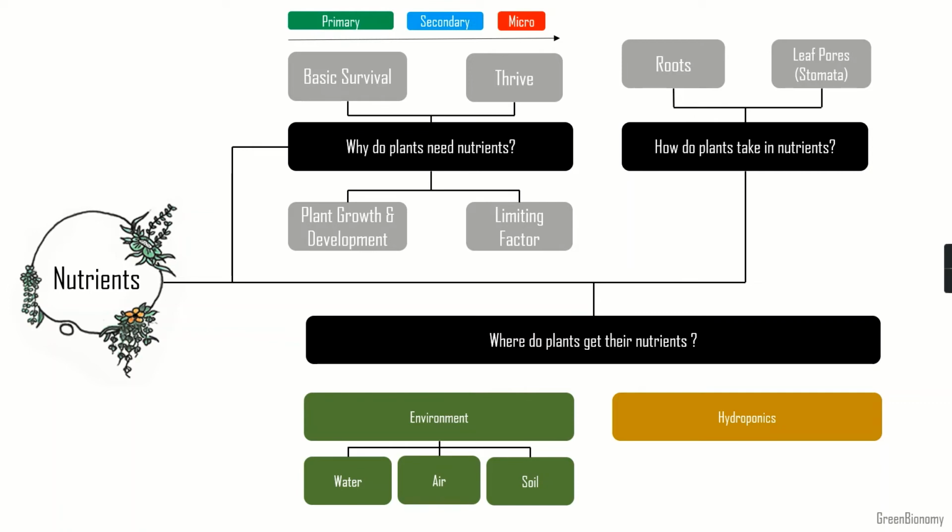Now, in hydroponics, you don't have soil. That means that you do not have all the nutrients that are provided by the soil. These are the mineral nutrients. So where do you get them? Usually you will get them from a hydroponic solution.